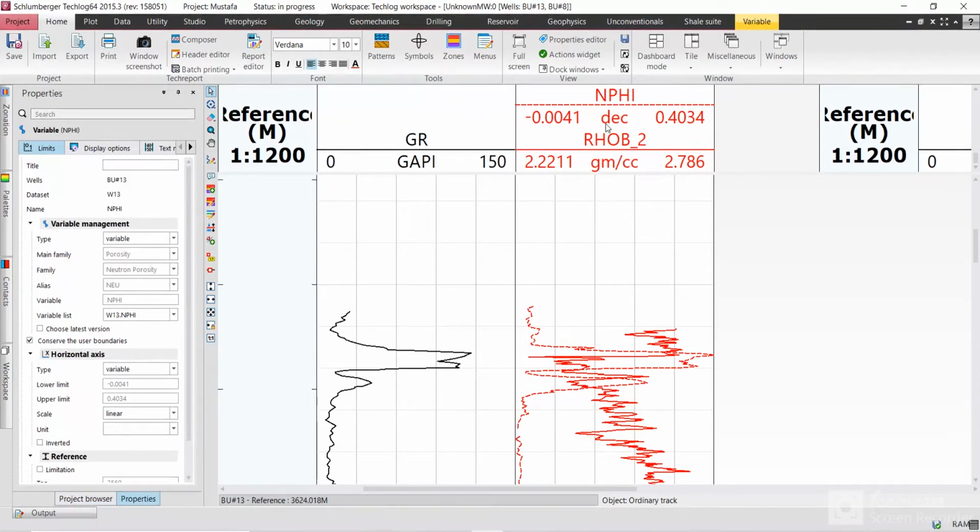You have to notice the limits of these units, the limits of the logs. So here we have 0.45 and the upper limit is minus 0.15.